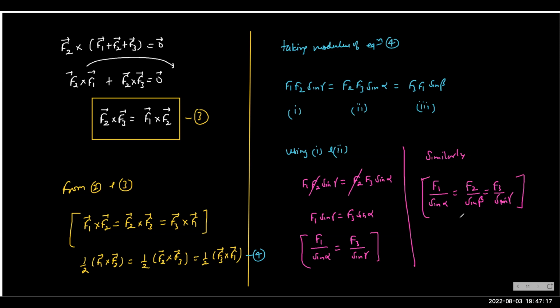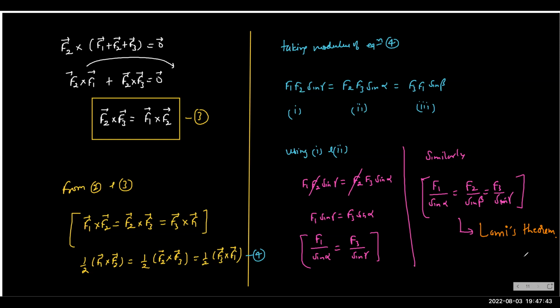Yes, sir. And this is called Lami's theorem. It is a very powerful method to solve many questions of static equilibrium. Whenever we have a question in which the body is at rest, and if we are able to figure out the angles, there are 3 vectors only, we can solve the question very easily.